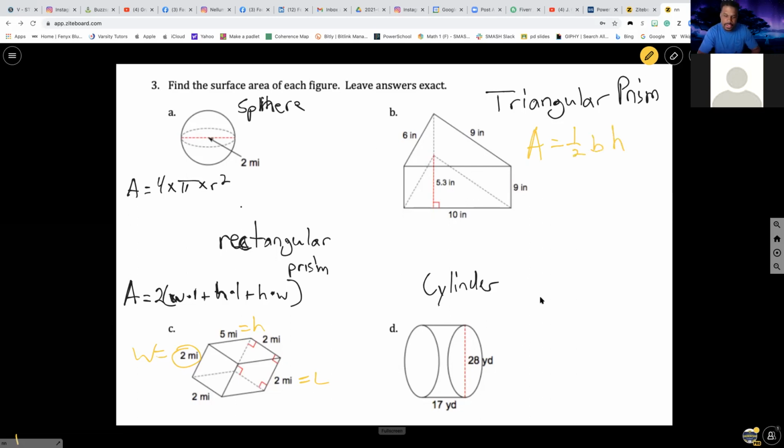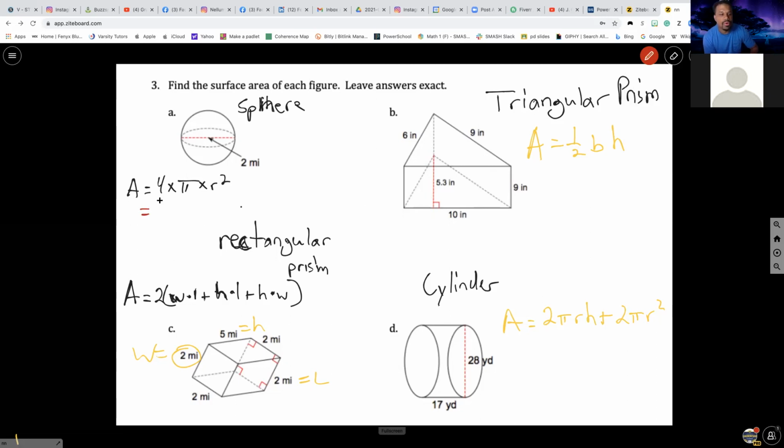And then that's a cylinder. So surface area of a cylinder is going to be area equals 2 pi times the radius times the height plus 2 times pi times the radius squared. Right? And we just plug them in.